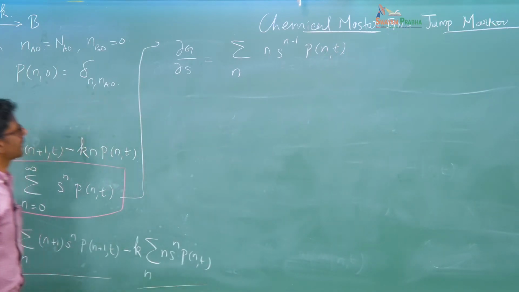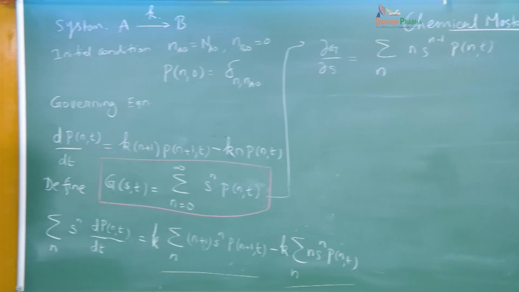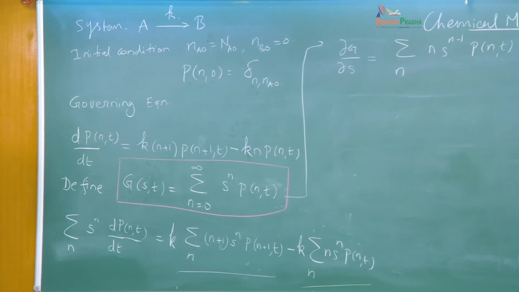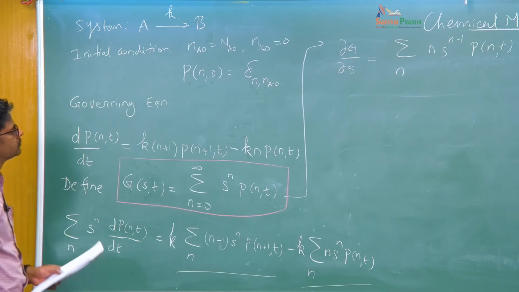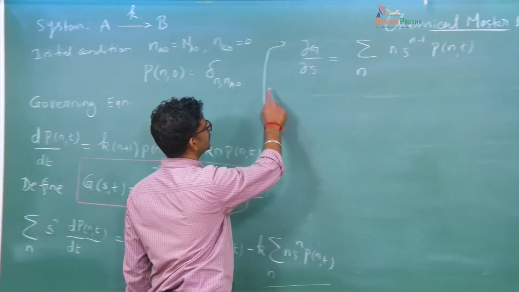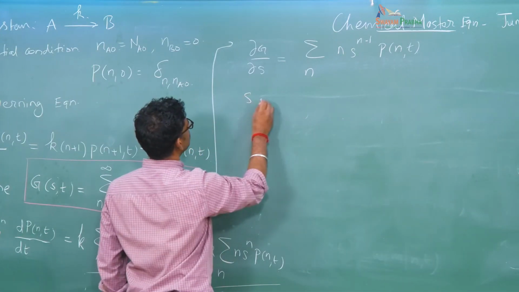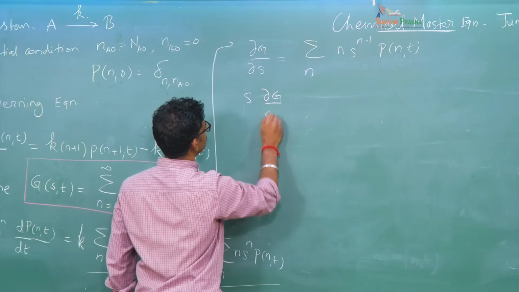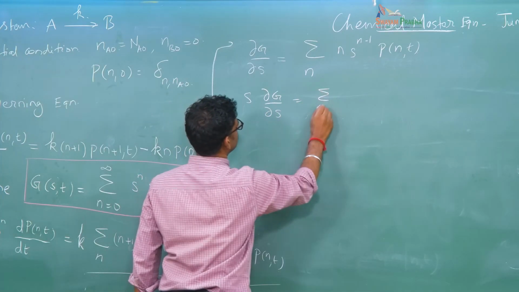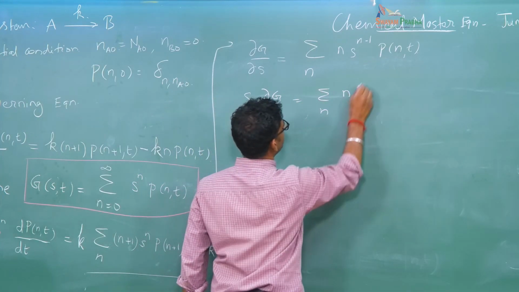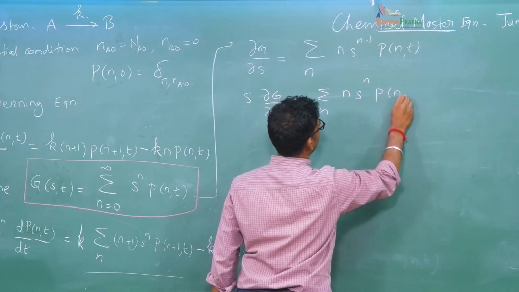I get this. Now if I multiply by s across, I get s dG/ds equals the sum of n s^n P(n, t).